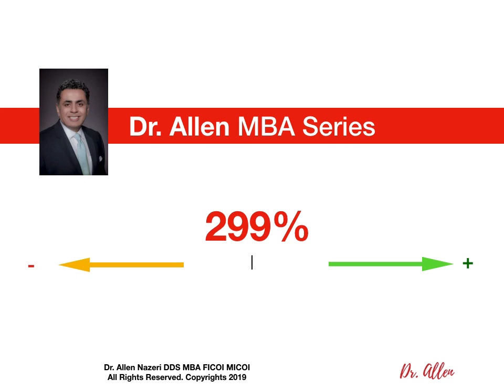Now, what I like to do is look at this every quarter with my clients and see if this number is increasing, decreasing, or staying the same. Now, if this number is decreasing, let's say from 299 it goes all of a sudden to 180%, it means two things.